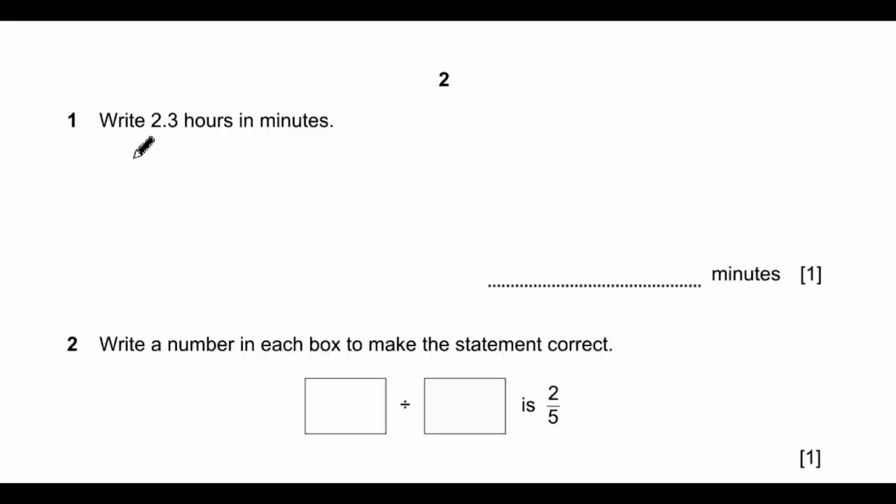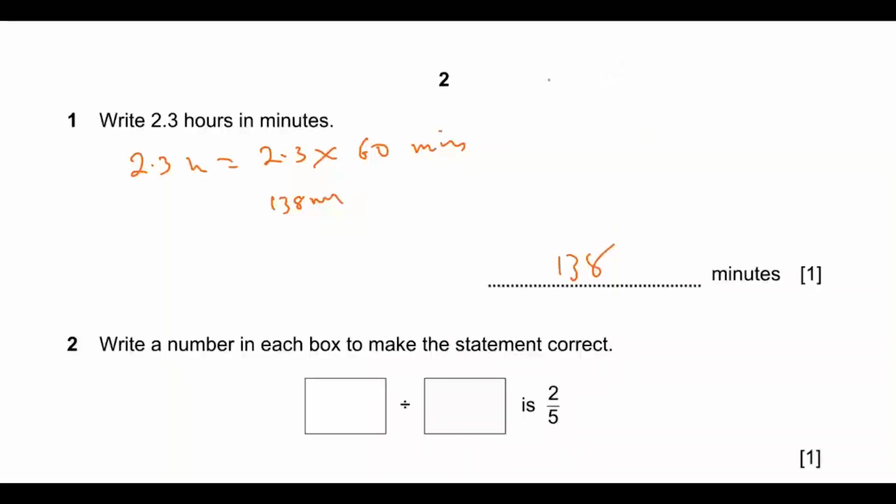So we can easily say 2.3 hours will be equal to 2.3 times 60 minutes. Since calculator is allowed, that will give you 138 minutes. You may want to split it down again. So let's write the answer here.